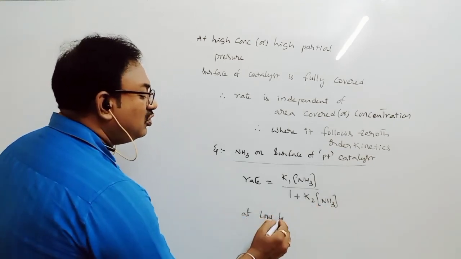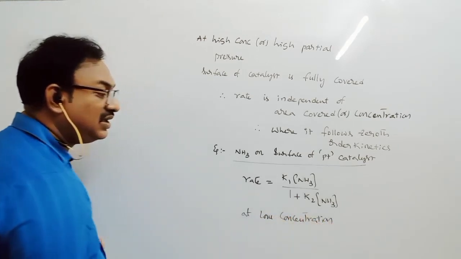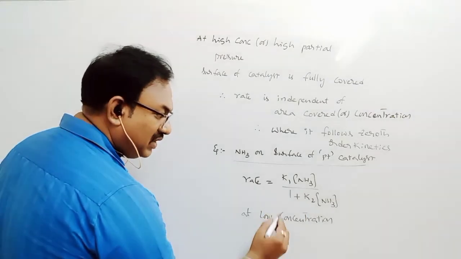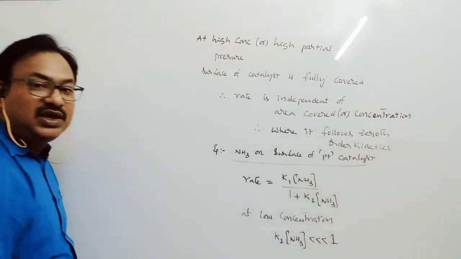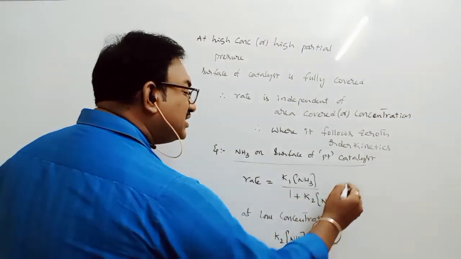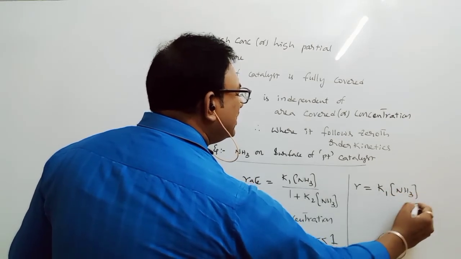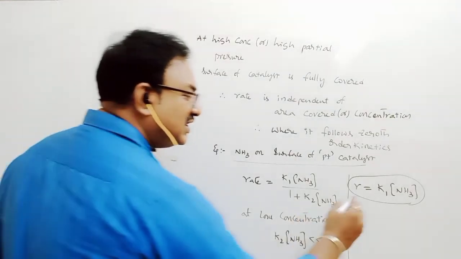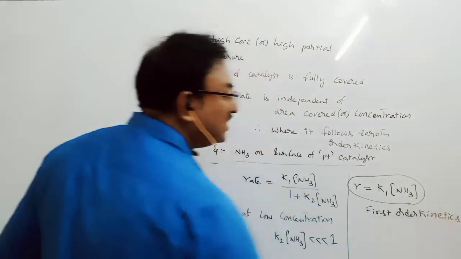Now at low concentration, K2 into concentration of NH3 is very small compared to 1, so just neglect this term in the denominator. Then rate is equal to K1 into concentration of NH3. So it follows first order kinetics.